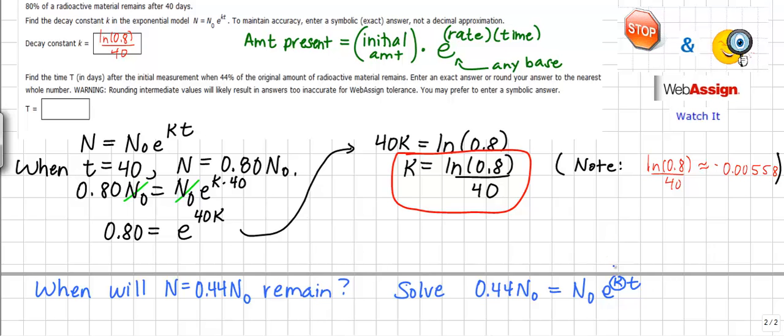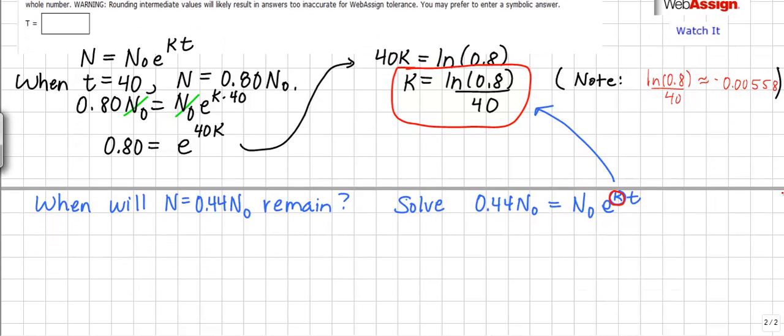I know k, it's over here. Maybe I'll even put a red circle around it. I'll insert it at the end of the problem so that I don't have to keep writing it. Okay? So notice N sub 0 cancels from each side, and we have the value 0.44 is e to the k that I know, t power.